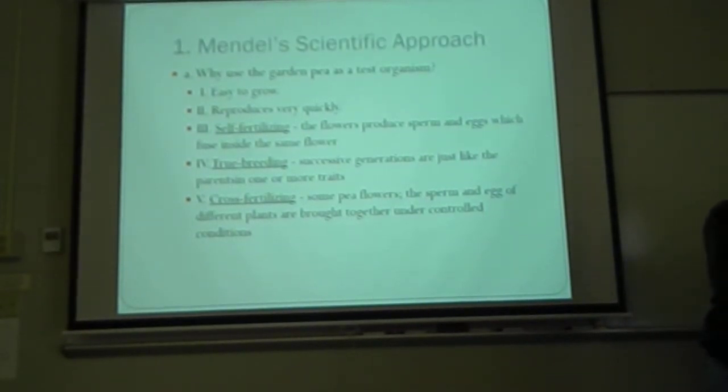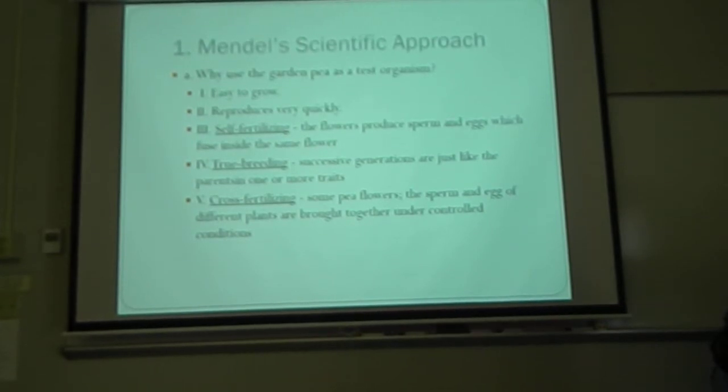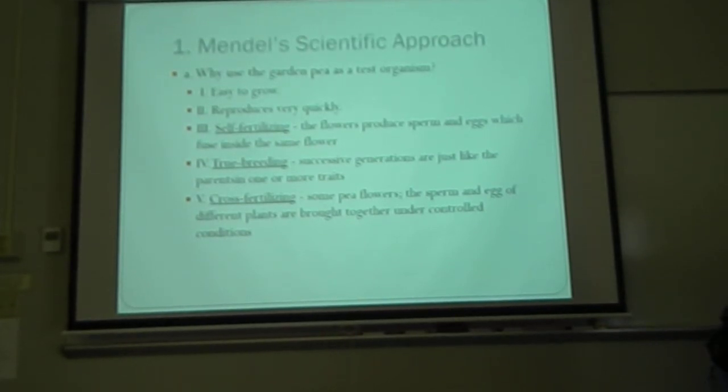Peas had purple and white flowers, and so the purple parents always, their offspring produce purple, and their offspring produce purple, and their offspring produce purple. All right. Likewise, the white flowers produced offspring that were white flowers, and those offspring produced white flowers. Okay. So those he called true-bred parent plants, all right?